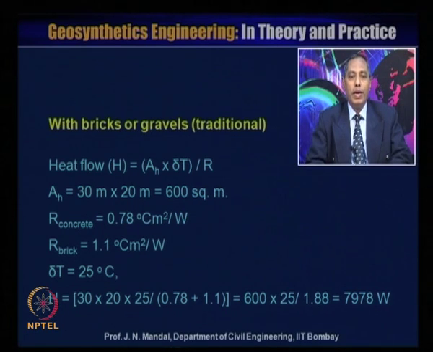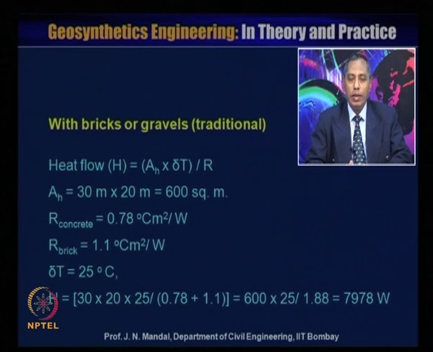And temperature difference delta T is equal to 25 degree centigrade. So, you can write H is equal to A_H, the area, 30 into 20, into delta T, 25, divided by R. R is the thermal resistance for the concrete as well as for the brick.